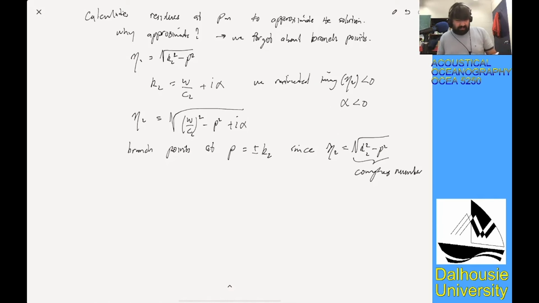Multi-valued, function multi-valued, okay? So, whoops, I really need to get better at drawing straight lines here. So here's a complex plane in P.